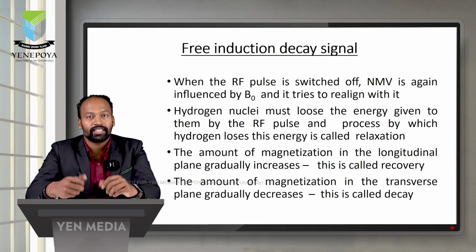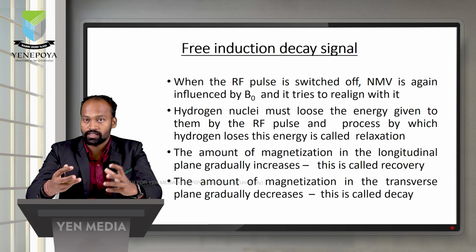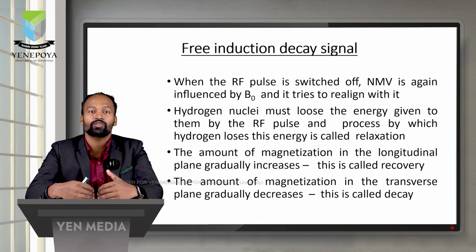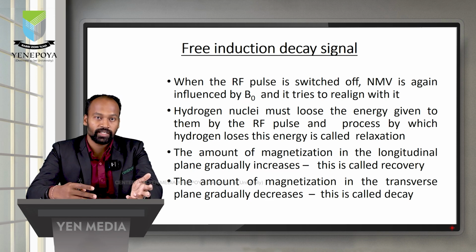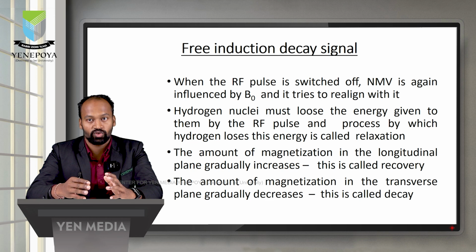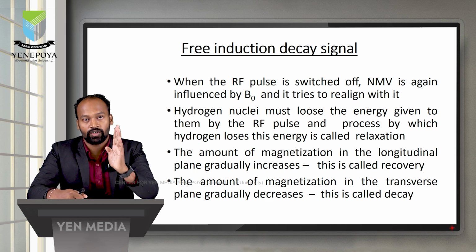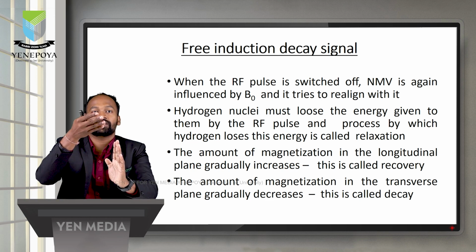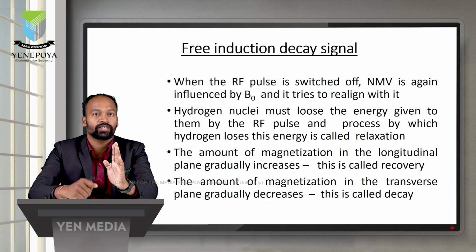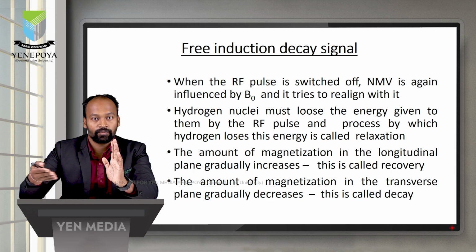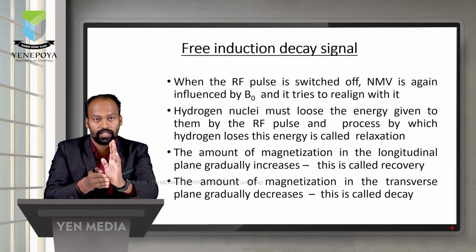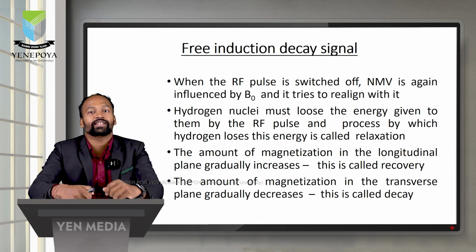The amount of magnetization in the longitudinal plane gradually increases, which is known as recovery, and the amount of magnetization in the transverse plane gradually decreases, which is known as decay. I repeat, recovery means the magnetization in the longitudinal plane gradually increases, and the magnetization in the transverse plane gradually decreases, which is called decay.